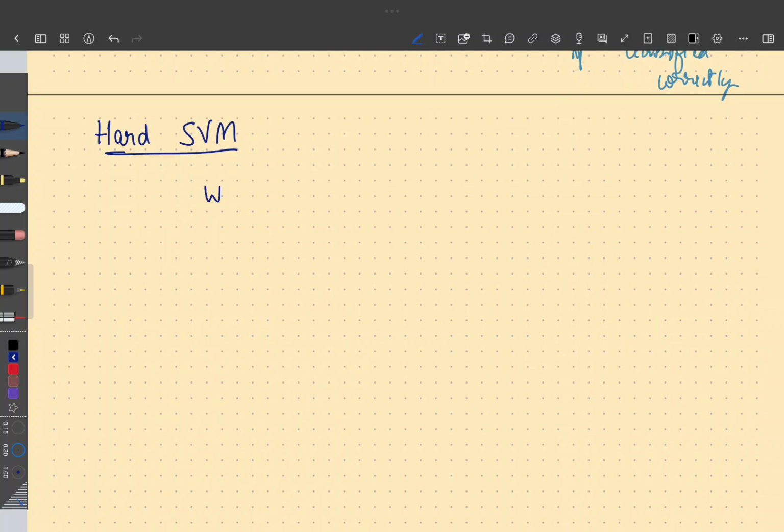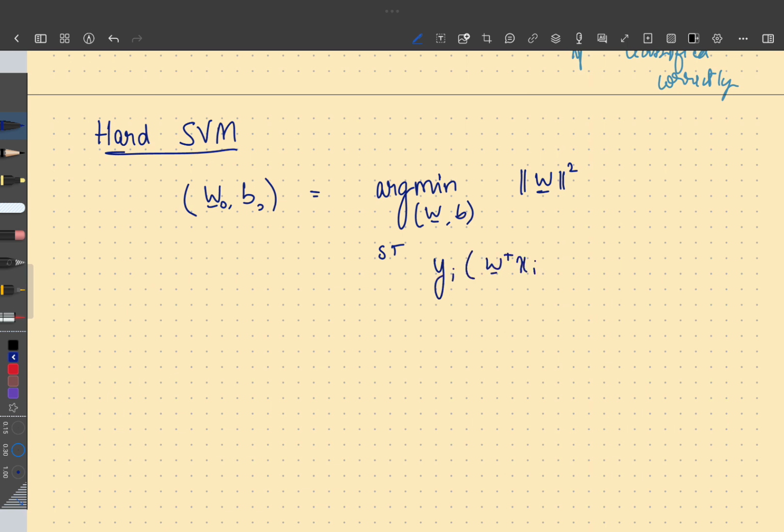You solve for, let's call it W0, b0, which is arg min over W, b of norm W squared, such that yi times W transpose xi plus b is greater than or equal to 1 for all i.